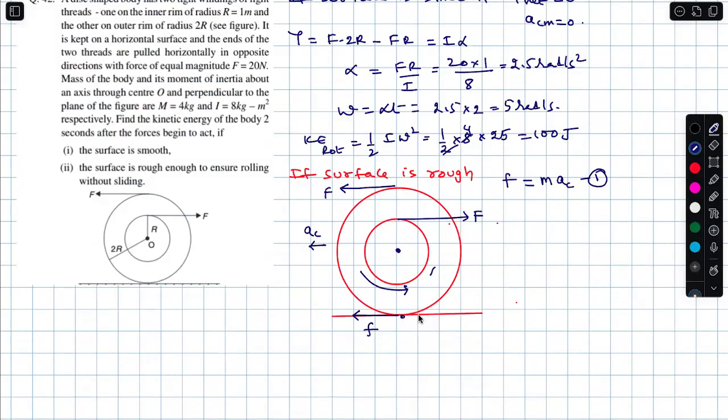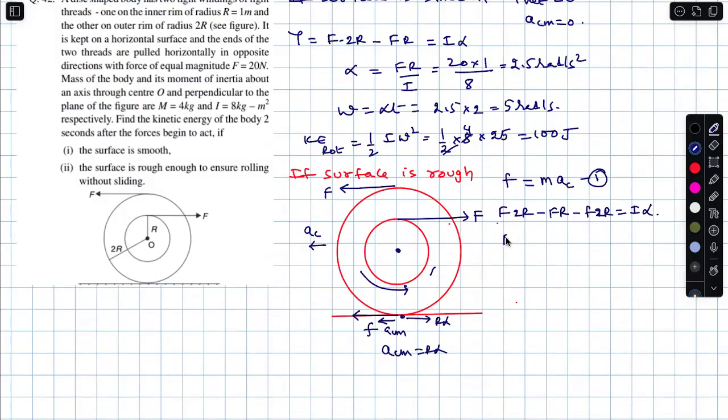Tell me. You should get R alpha here. You should get ACM here. ACM is equal to R alpha for pure rolling. Right. So for that to happen, what must happen? F into 2R minus F into R minus F into 2R is I alpha.